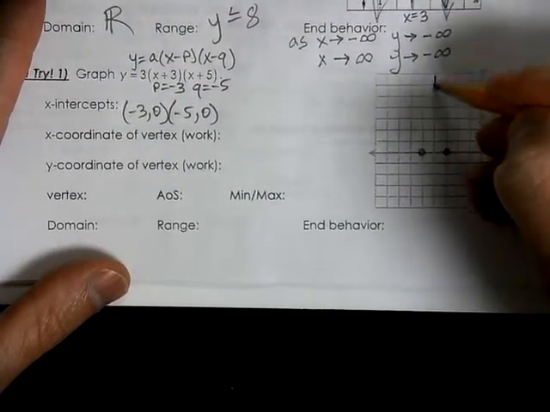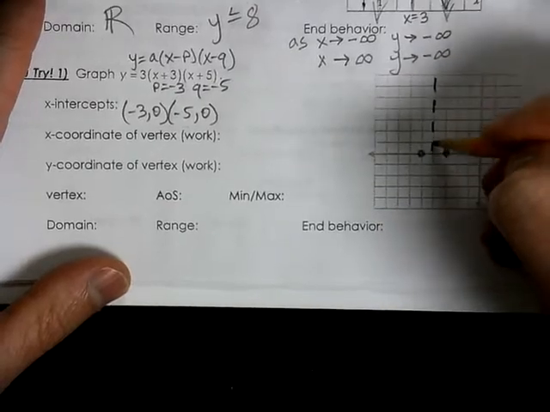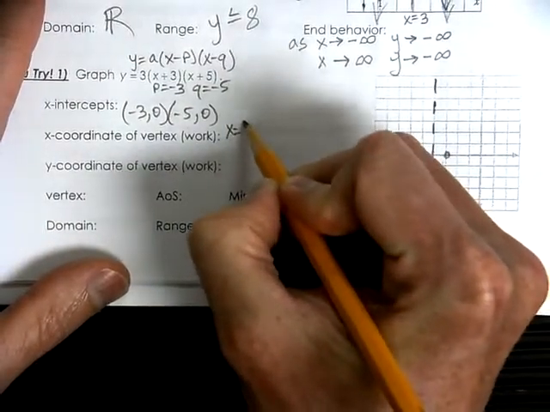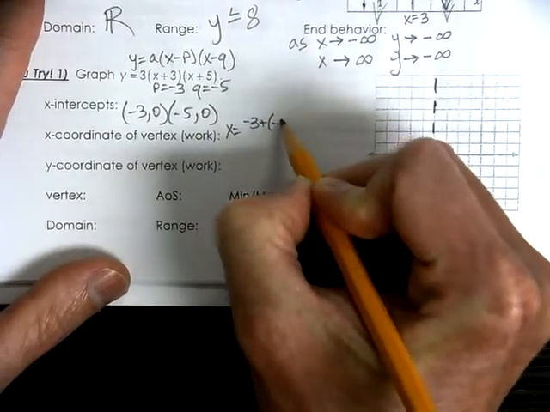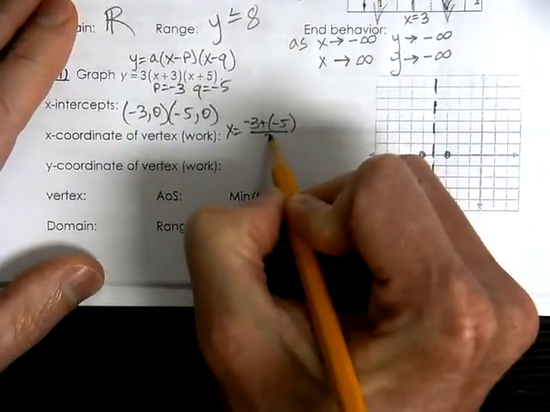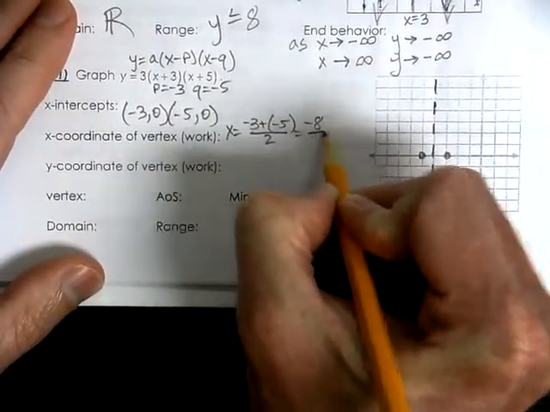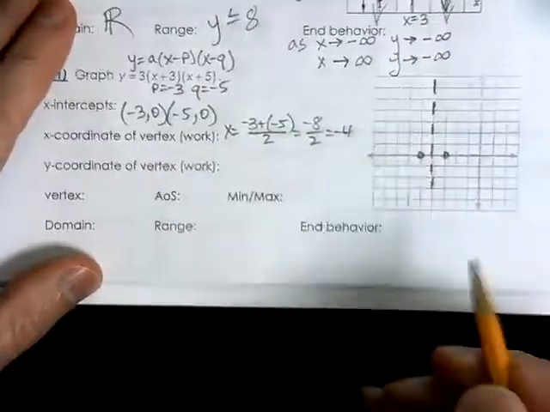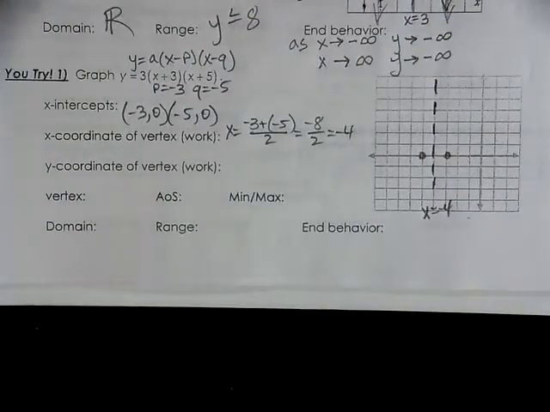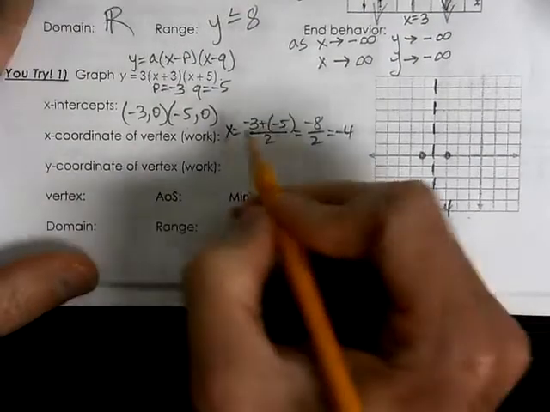So our line of symmetry is going to land halfway in between that. So we have -3 plus -5, which is -8, divided by 2, which is -4. And that's, of course, what I've sketched in here already. I knew it was halfway in between, but be able to support your work.